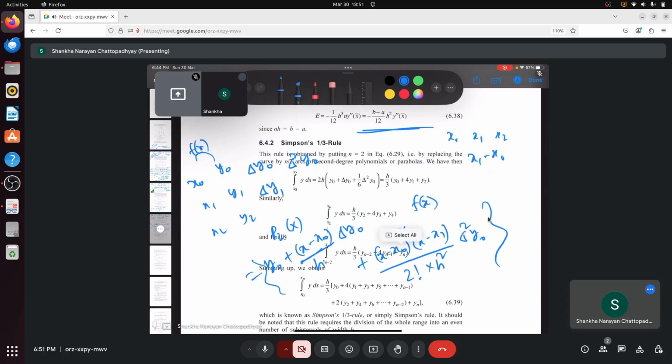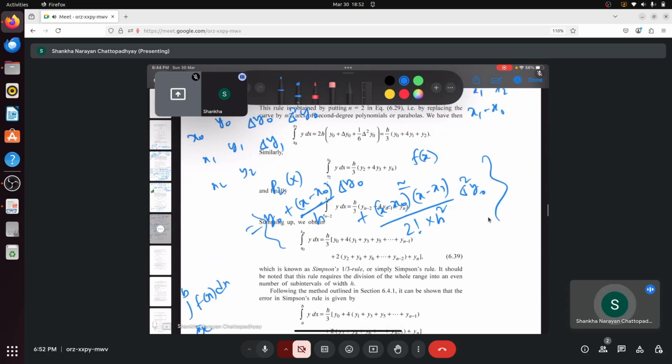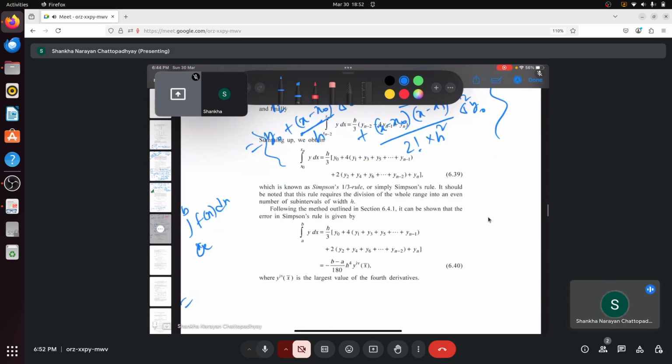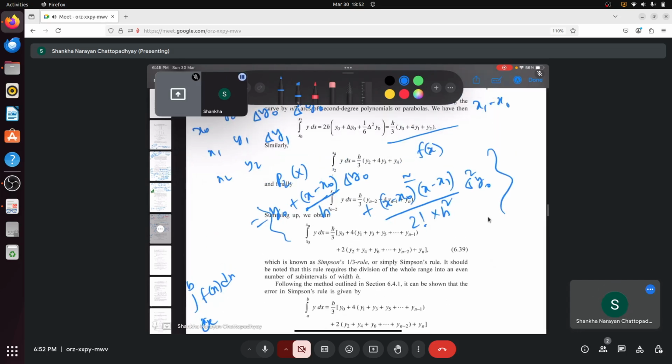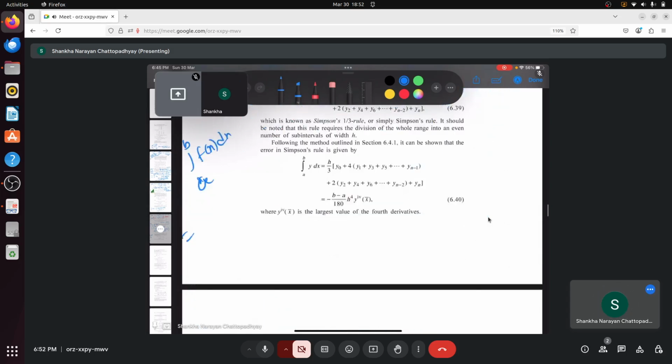The Simpson's 1/3 formula is very simple: it will be h by 3 times y0 plus 4 y1 plus y2.